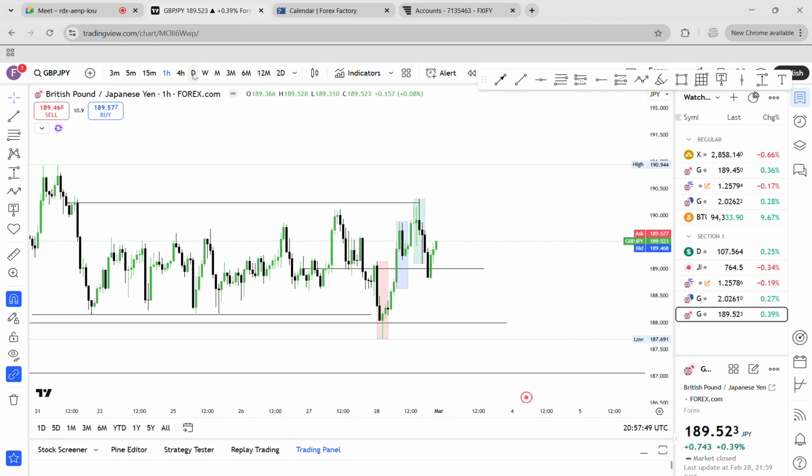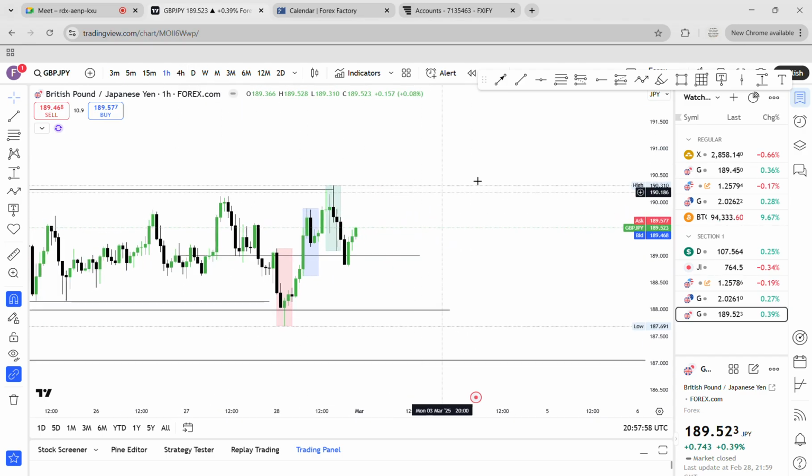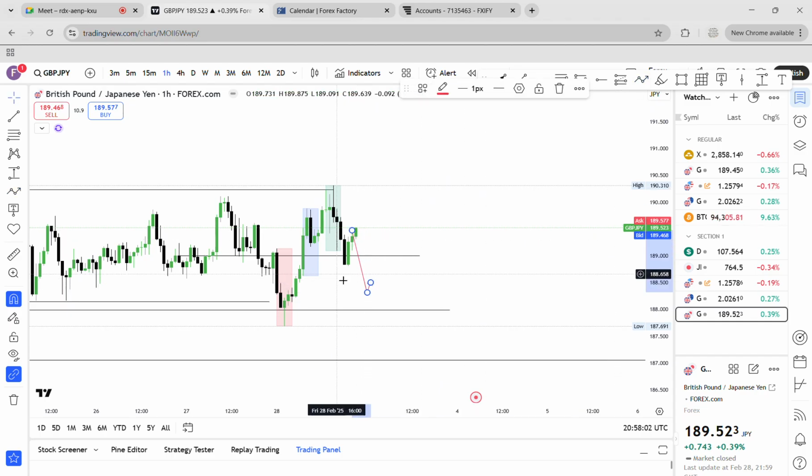So which means if price opens soon, you guys have to be able to spot all of these things. Maybe we might just pull back down a little bit. Why? Because we need liquidity, for example, and again, accumulation and manipulation before expanding.